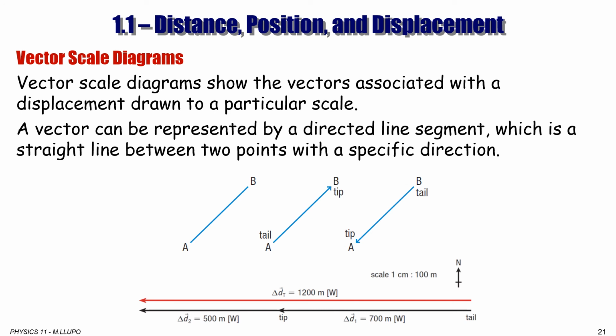Definitely, we need to scale this down. So we can use a scale where 1 centimeter represents 100 meters. So we can draw delta D1 as 7 centimeters, and the other one as 5 centimeters. Then we draw a total, where we start at the tail of the first toward the tip of the last. That is a resultant.